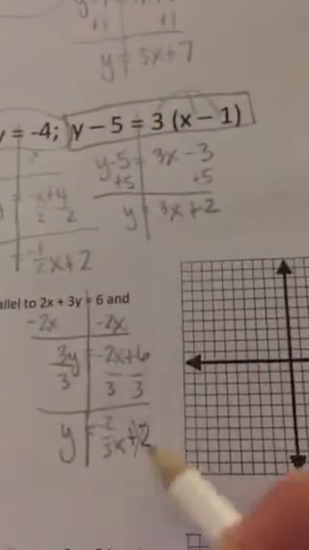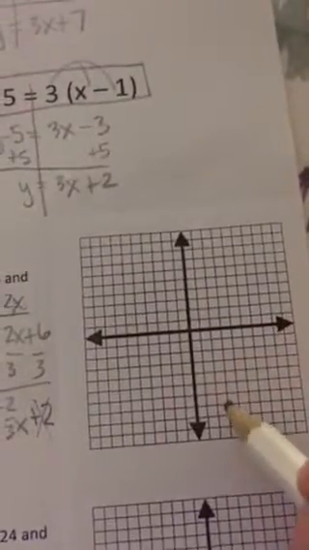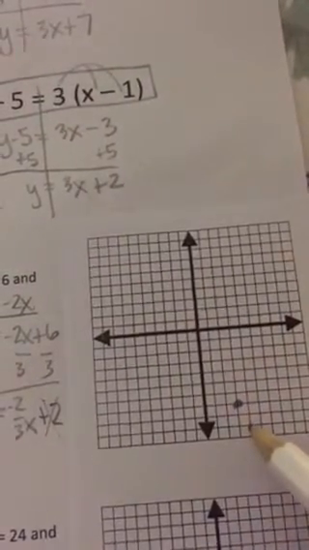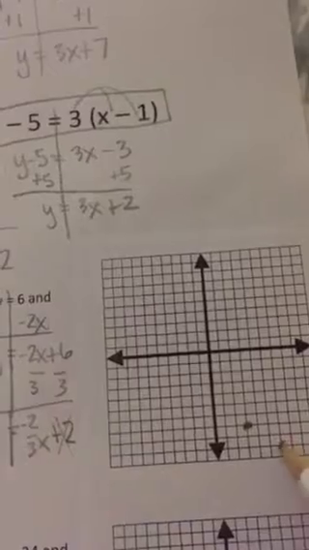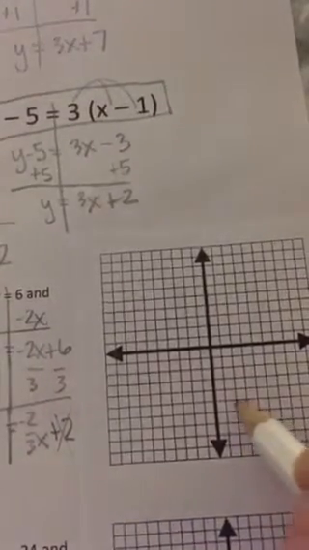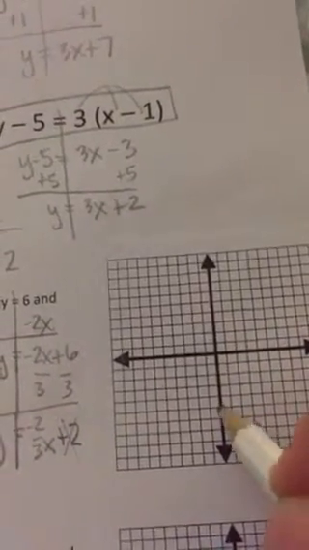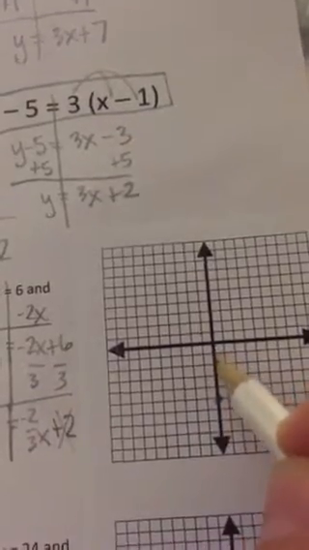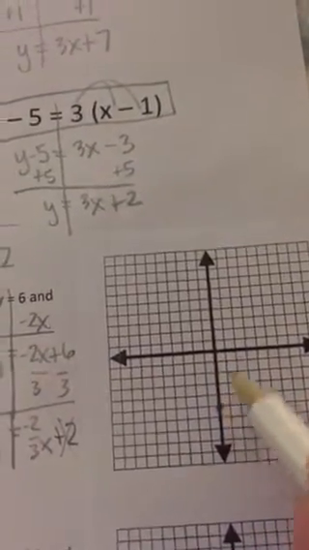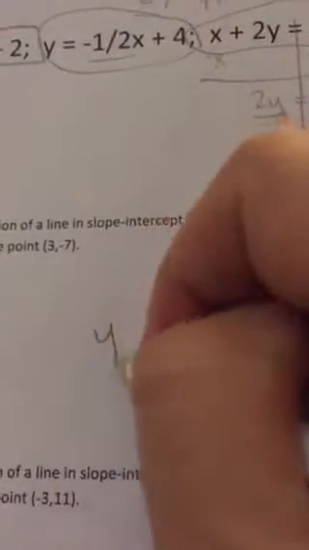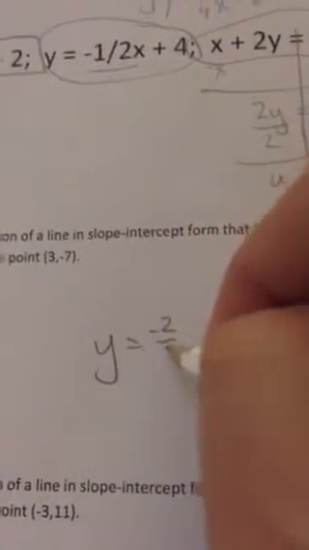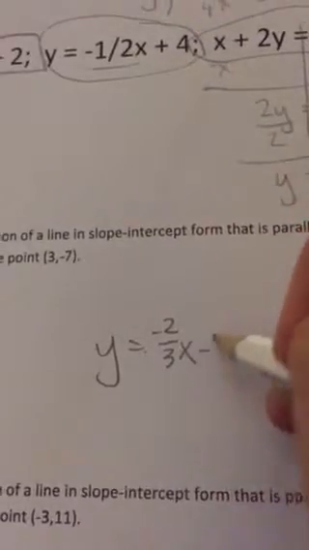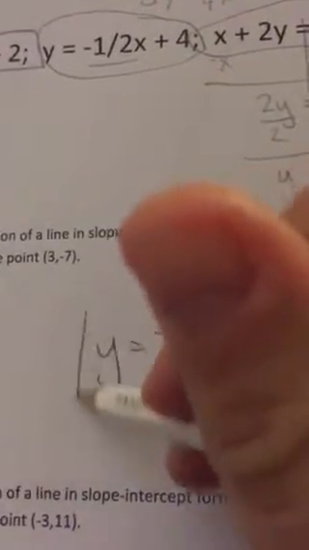But it needs to have a slope of negative 2/3. So from this point, I'm going to go down 2 over 3, and then go up 2 over 3. And I can see that's where the y-intercept is, at negative 5. So the equation for the line would be y equals negative 2/3 x minus 5. That would be your solution for that one.